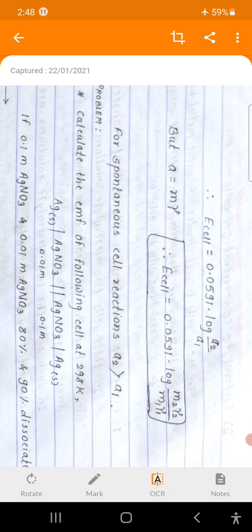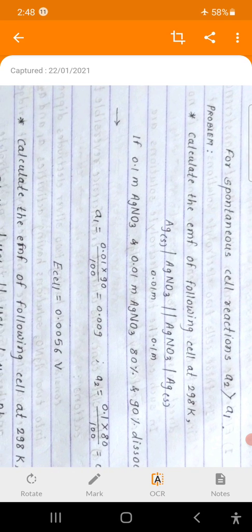We know that activity A2 is equal to m2 into gamma 2, and activity A1 is equal to m1 into gamma 1. Therefore, the equation becomes E cell is equal to 0.0591 into log of m2 gamma 2 upon m1 gamma 1. For a spontaneous cell reaction, A2 must be greater than A1. Based on this, there are some problems.